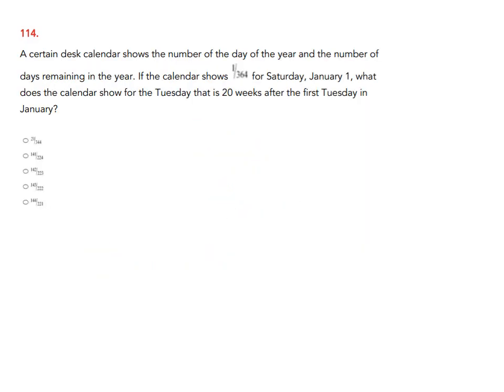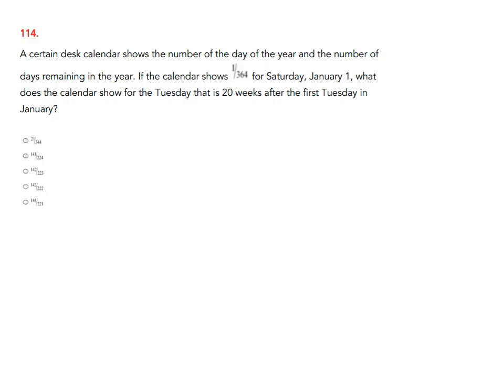A certain desk calendar shows the number of the day of the year and the number of days remaining in the year. If the calendar shows 1 by 364 for Saturday, January 1, what does the calendar show for the Tuesday that is 20 weeks after the first Tuesday in January?